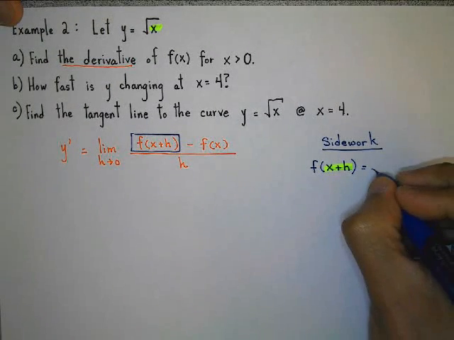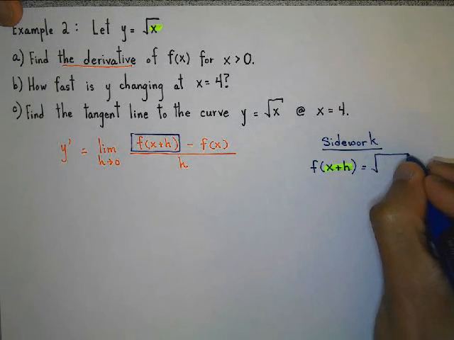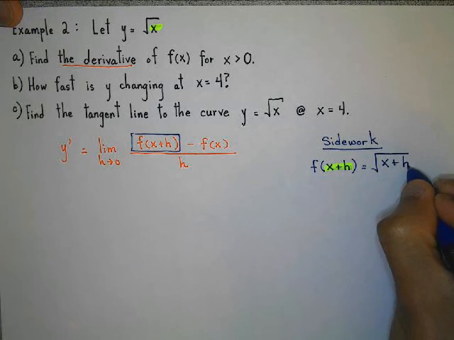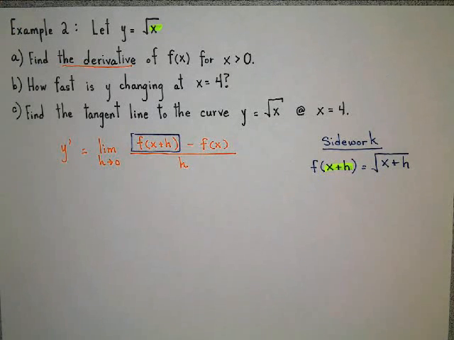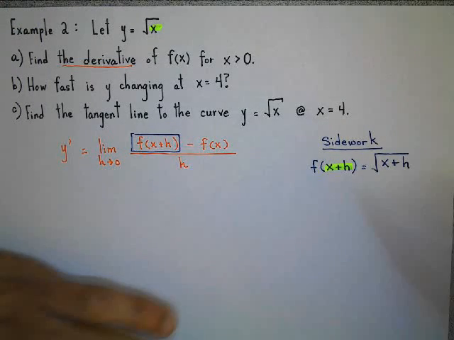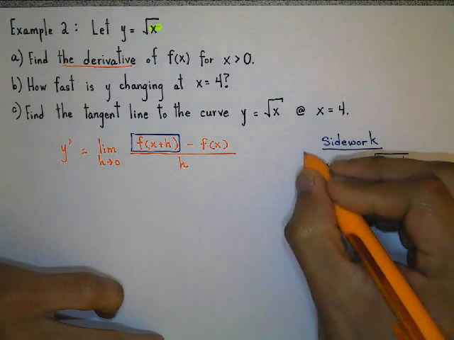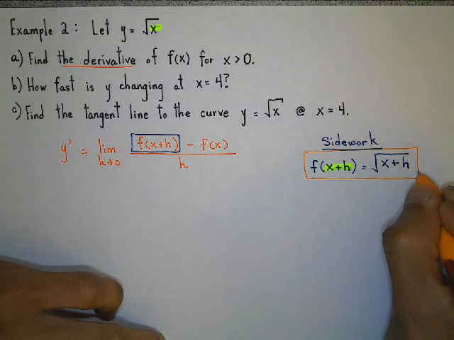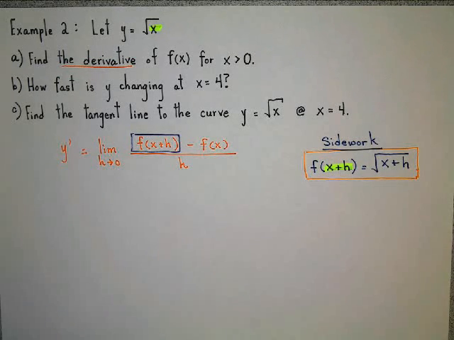It's going to be the square root, and instead of x, we're changing that to x plus h. Now there's nothing for us to multiply out, so this right here is what we're after. I'm going to put it in a box and save it for just a second because we're going to use it shortly.